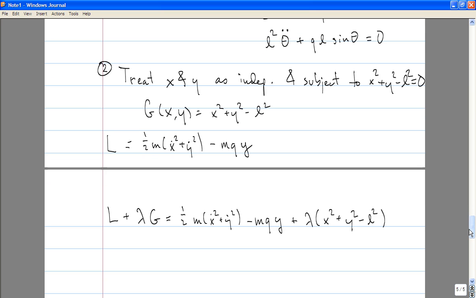And taking the variational derivatives of this, the variational derivative with respect to x will give us m x double dot, that's the time derivative of dL by dx dot, plus 2 lambda x, or sorry, minus 2 lambda x is equal to 0.